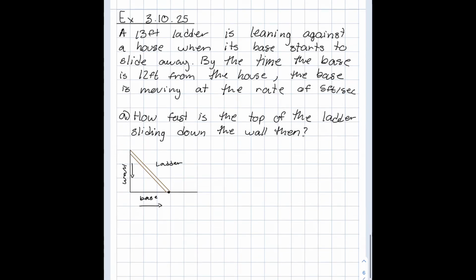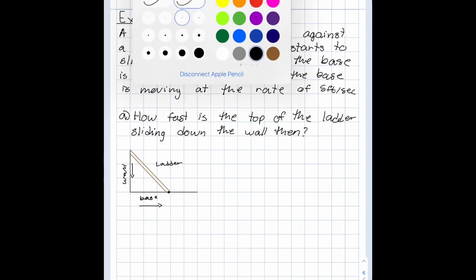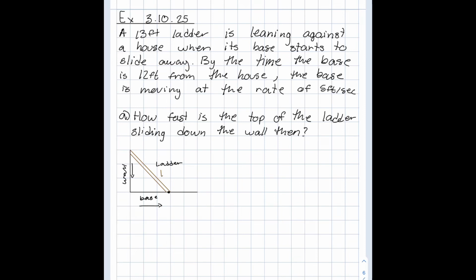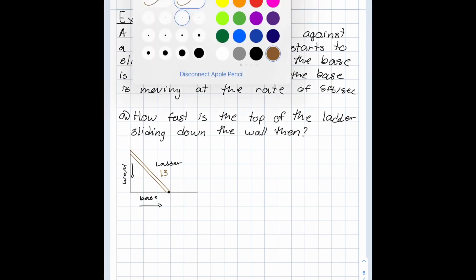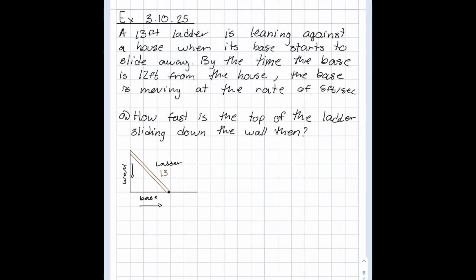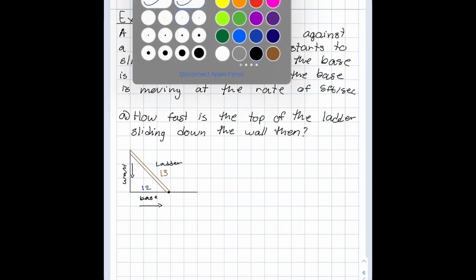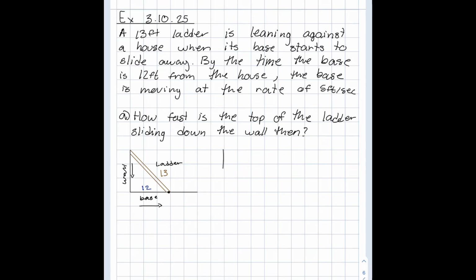So on this picture, the ladder is 13. The base, let's make it blue, is 12. And I don't know that distance quite yet. Then I'm going to have a second triangle, a rate triangle.